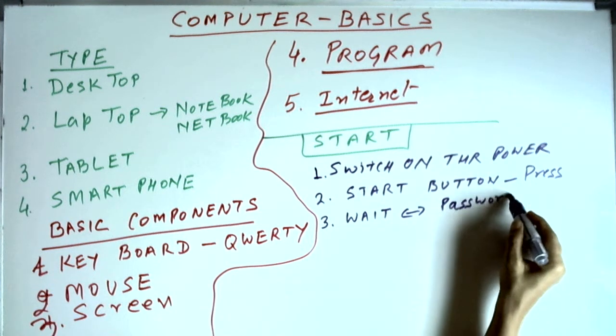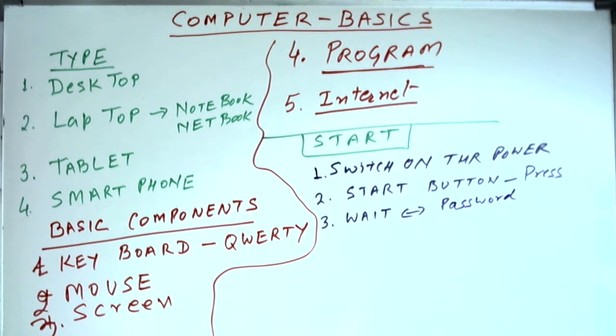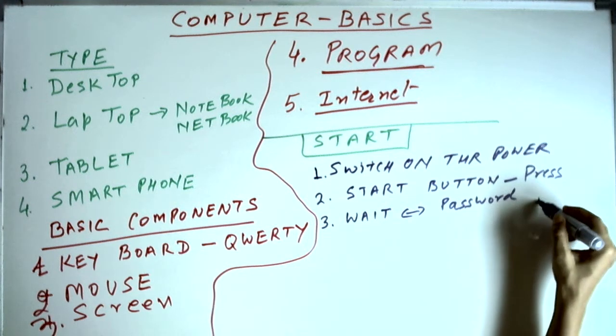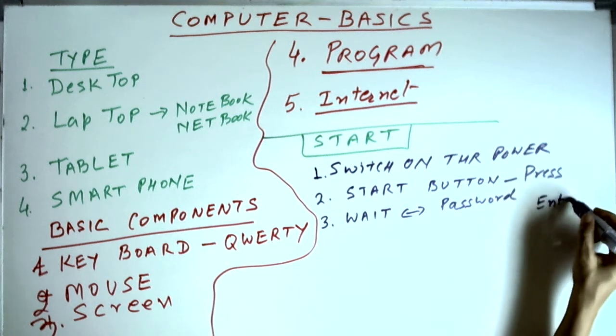The computer may be set for a password, or it may not be. If it is set for a password, you need to provide the password by entering it in the space shown to you, and then there is a key called enter. So you should also learn what this enter key is.